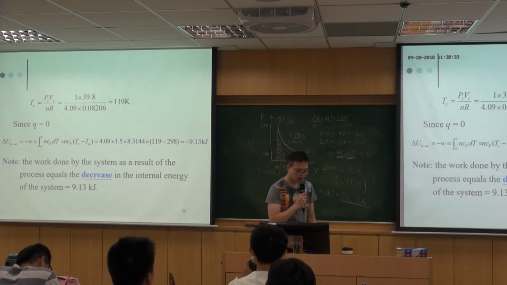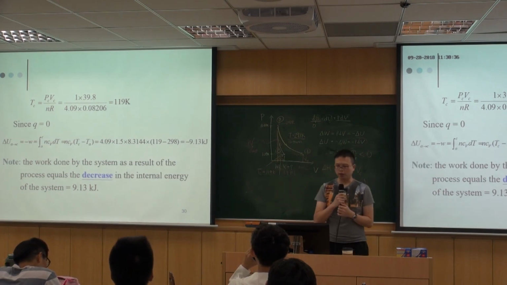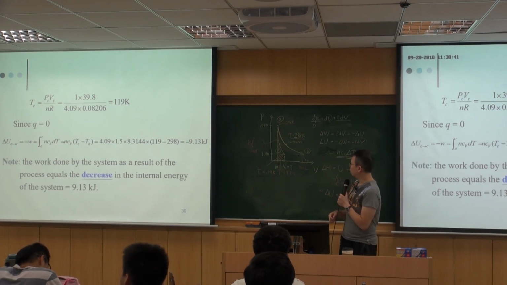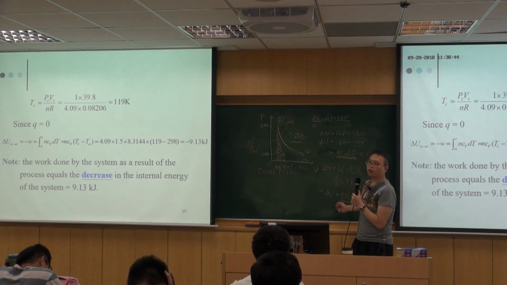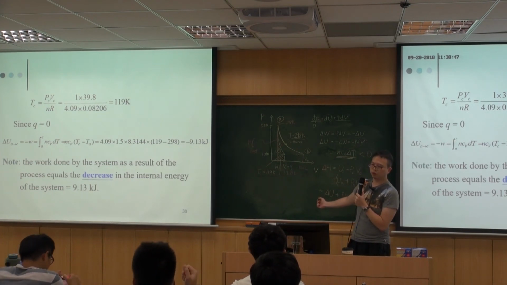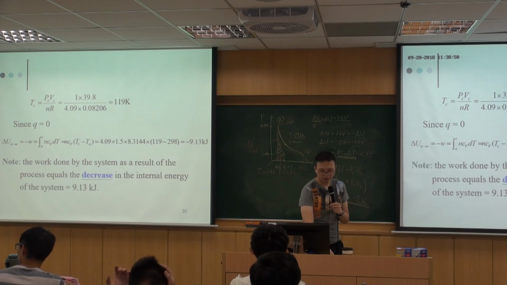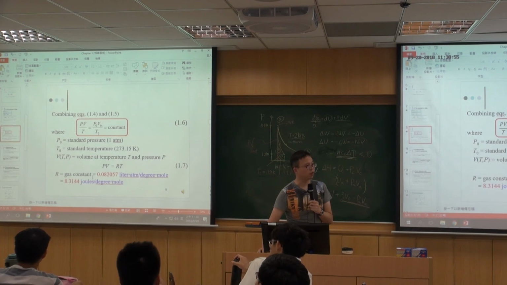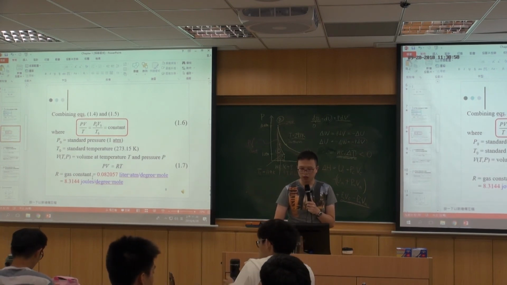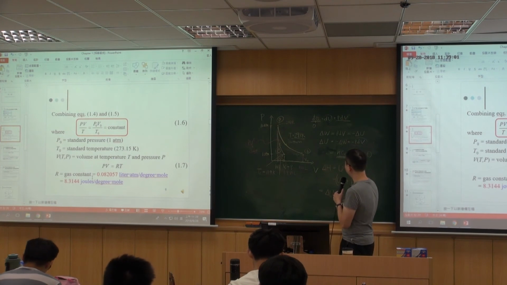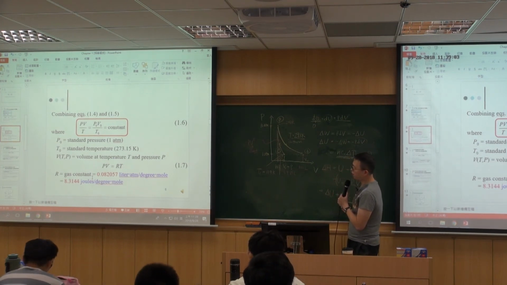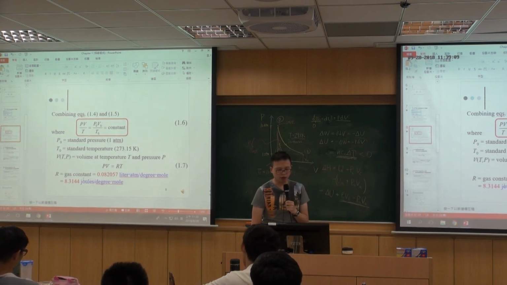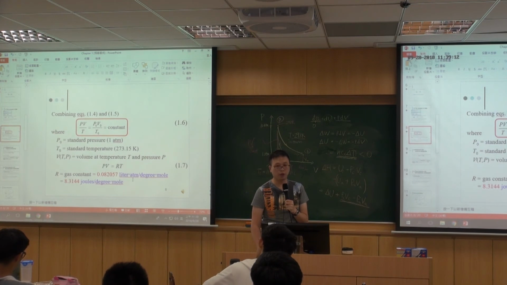One thing you might want to practice at home is the conversion from PV to joules. Remember that we saw that there's this difference in terms of gas constant. So if you use P times V as your energy measure, you have to convert that into joules by using the ratio between these two factors.